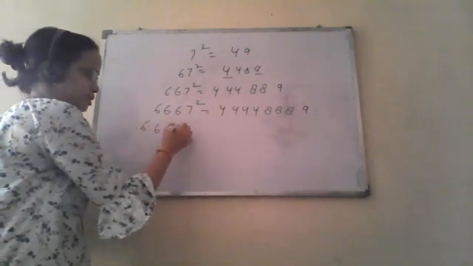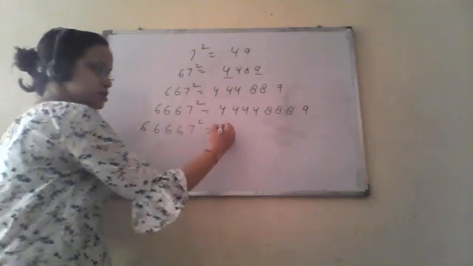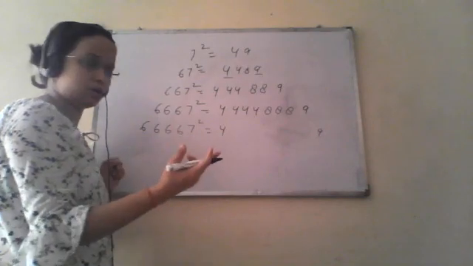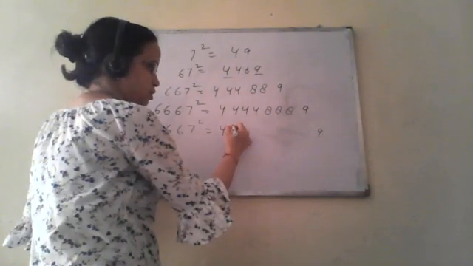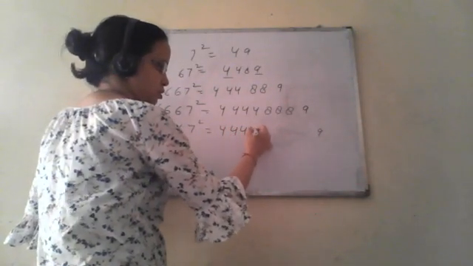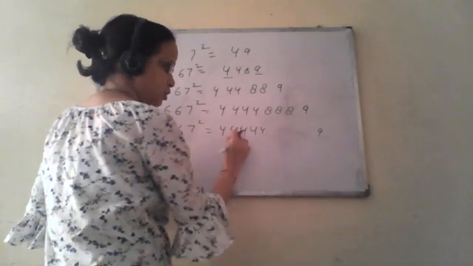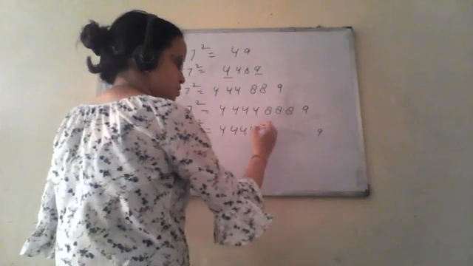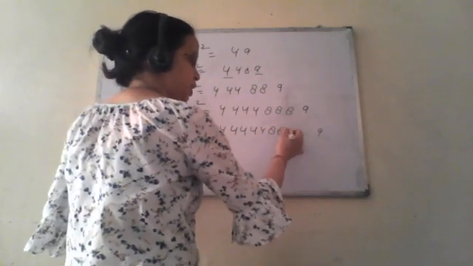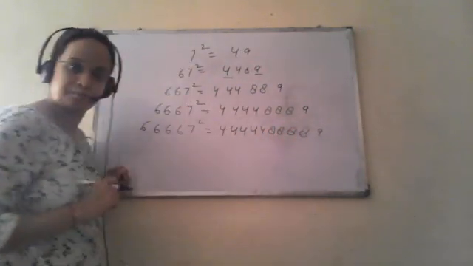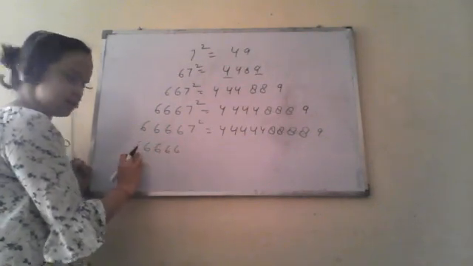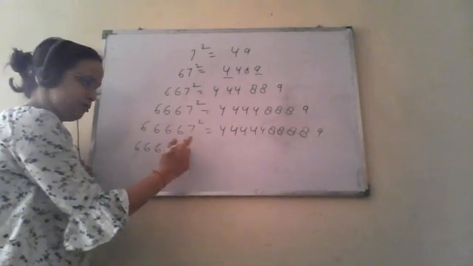Similarly, this is 4 and 9, and there are four 6s. We have to write four 4s and four 8s. Clear? Now, how many 6s are there in this one? 1 2 3 4 5.